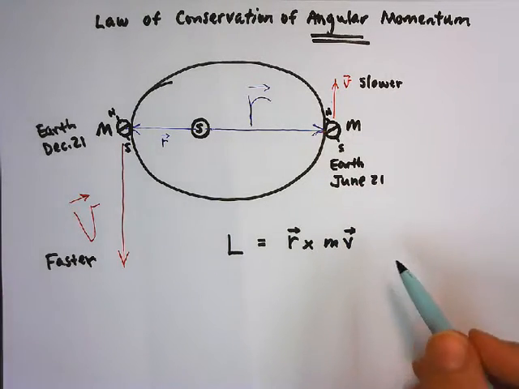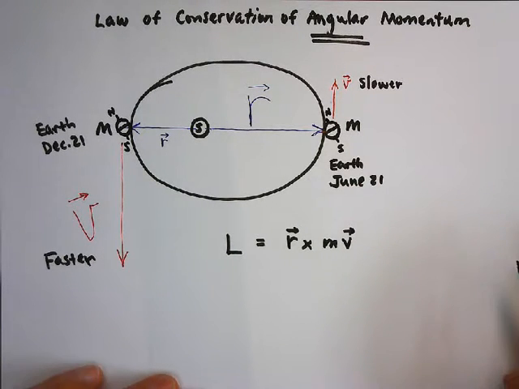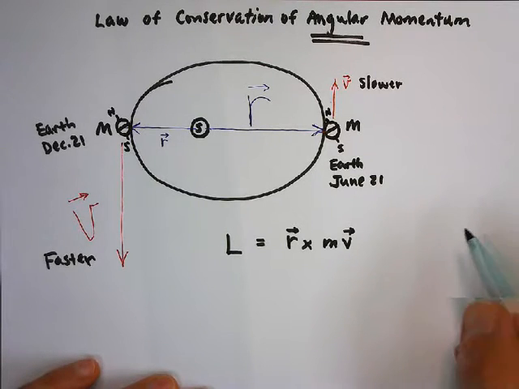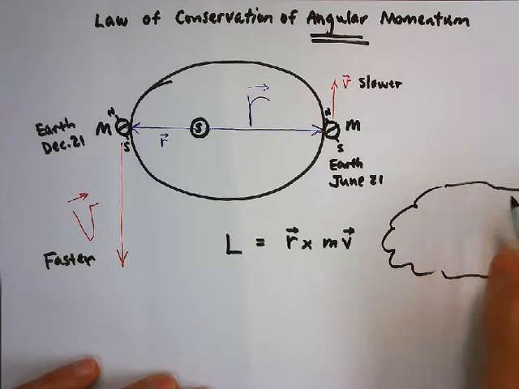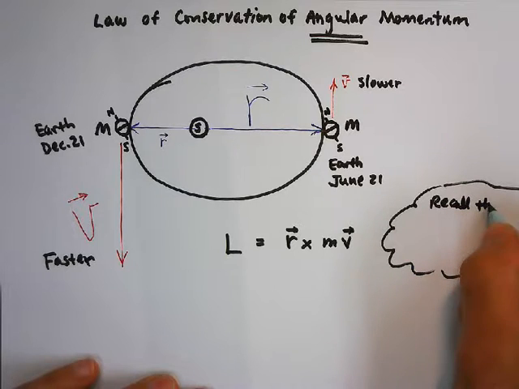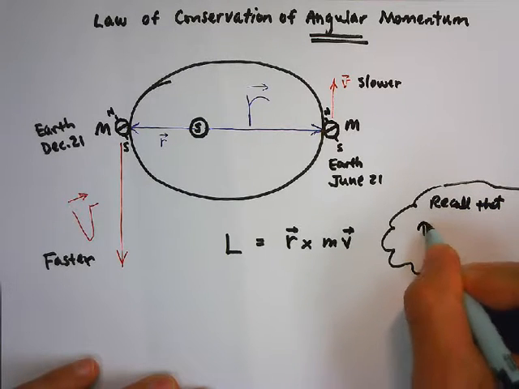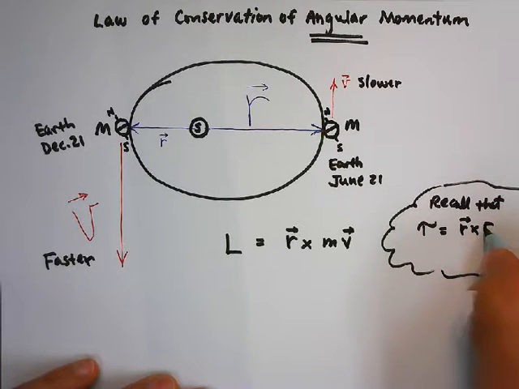This is very similar to the idea of torque being equal to r cross F. So recall that torque is equal to vector r, the position vector, cross F.